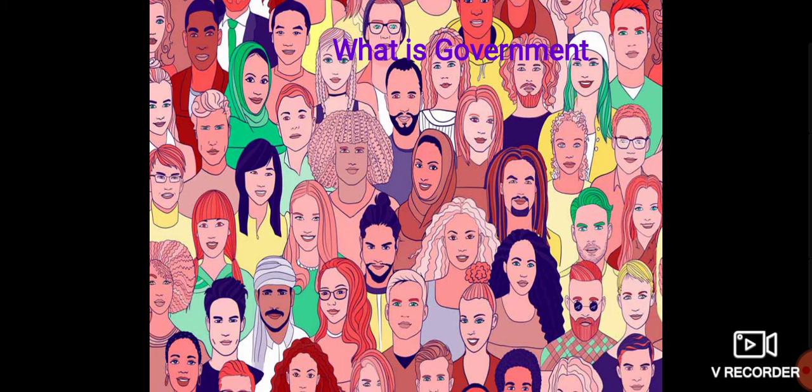So with the picture only you may get a small sentence. Here is the picture of all people, right? And above that we have written, what is government? Every people knows the government. Everyone knows. But still the question is, what is government? Then how can I say what it is? We the people decide our leader.